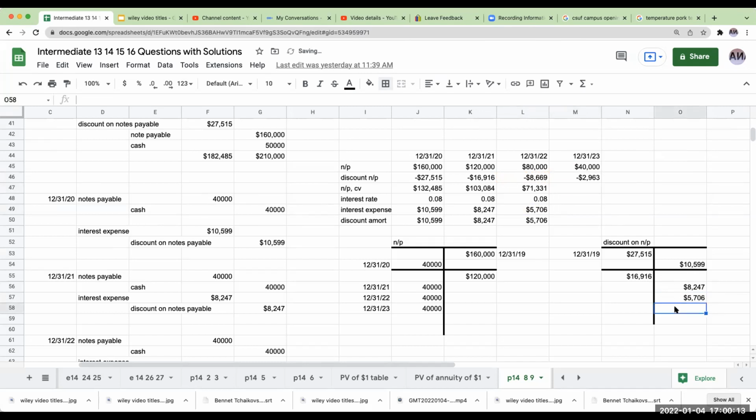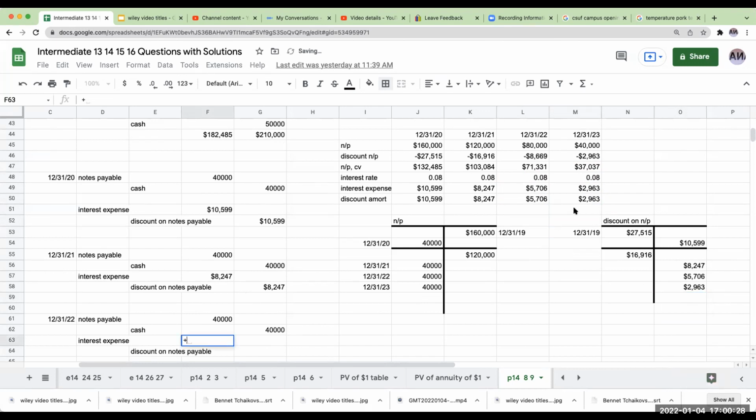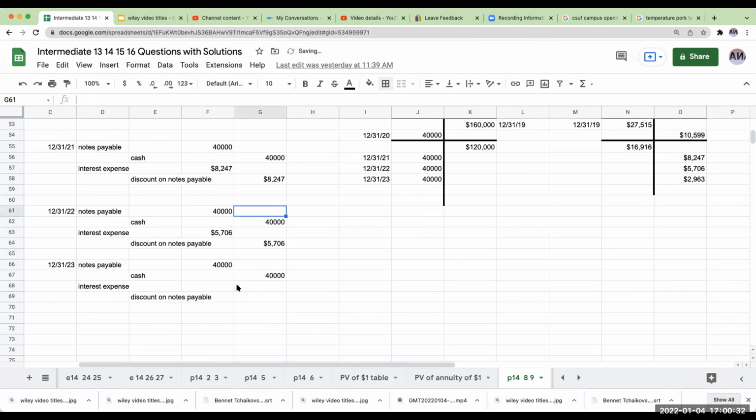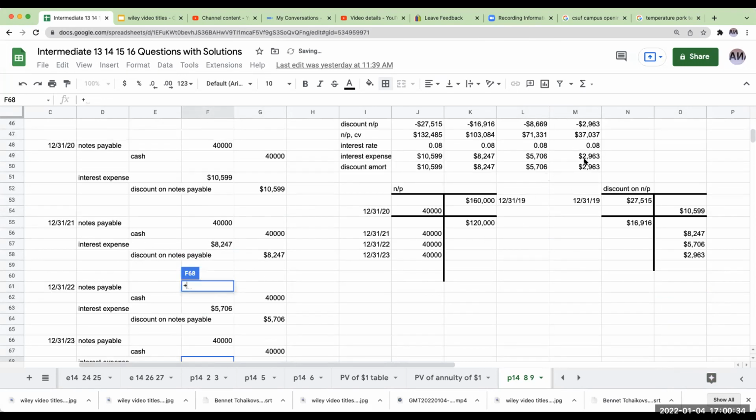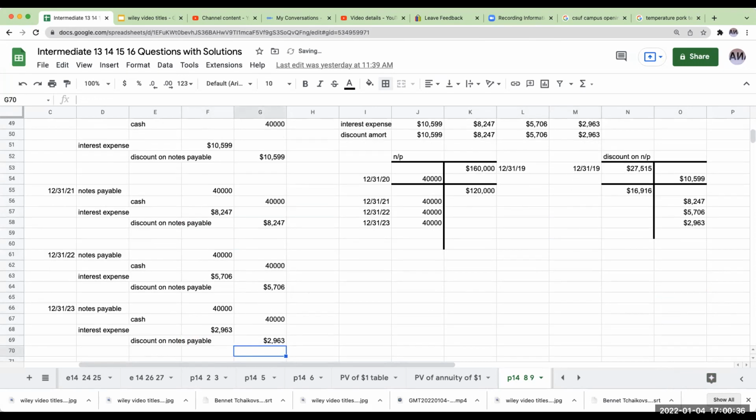I'm now left with 2,963, and hopefully that's going to be the amount that I'm going to have over here, 2,963. So kind of finishing this up in terms of doing journal entries, it's going to be 5,706, 5,706, and then this over here is going to be 2,963 and then 2,963.